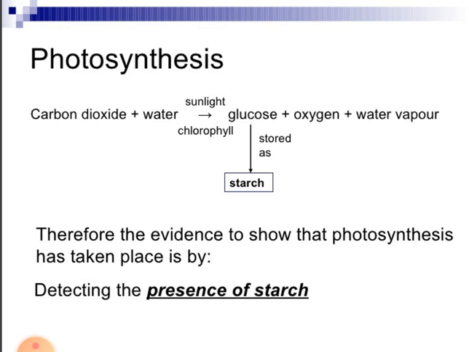When the glucose formed is stored in the plant, it is stored in the form of starch. So the ultimate evidence to show that photosynthesis has taken place is by detecting the presence of starch in the leaf of the plant.